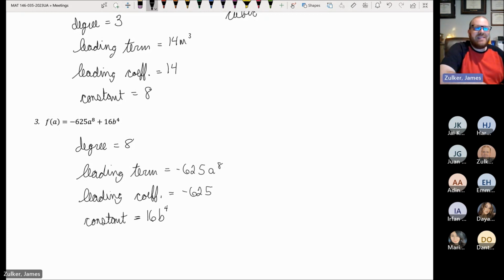Because look at the independent variable of the function. It's a. Which means that while b may be unknown, it is still a fixed constant value.